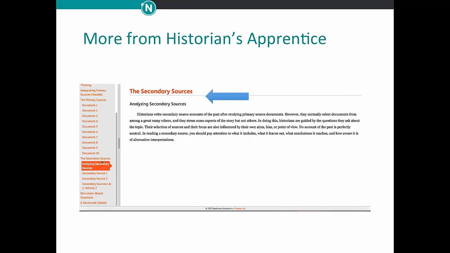What we want to do here is look at those secondary sources, and one thing I really like about this page is that it says no interpretation or account of the past is absolutely 100% neutral. I suppose based on my frame of reference, as a child of the 60s, the sun rose and set on John F.